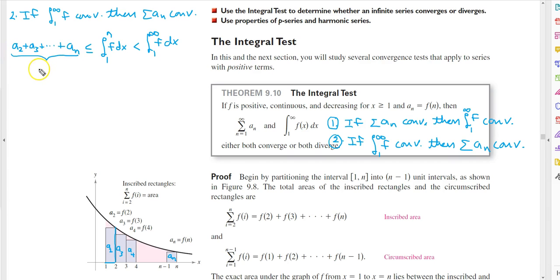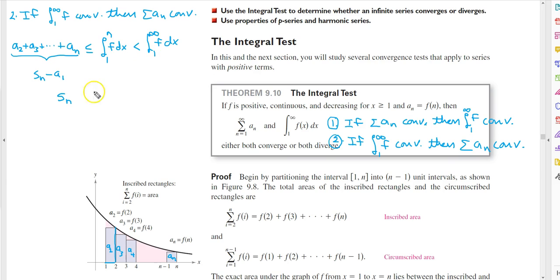So this quantity right here is equal to Sn minus a1. So what we now have is this result that Sn minus a1 is less than the integral from 1 to infinity of f dx, and that's true for all n.